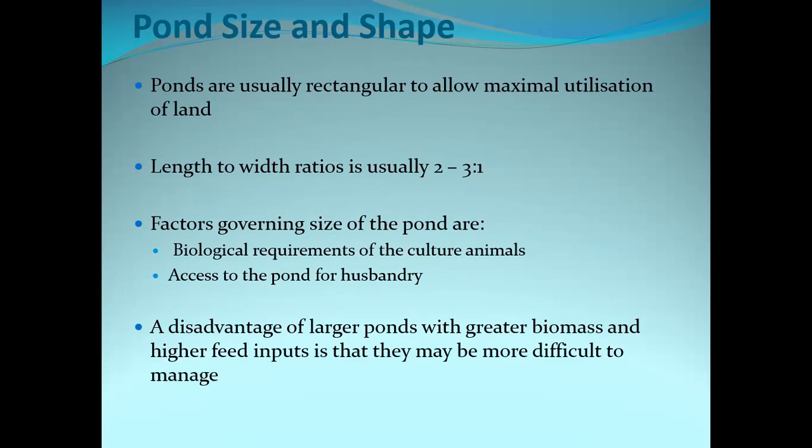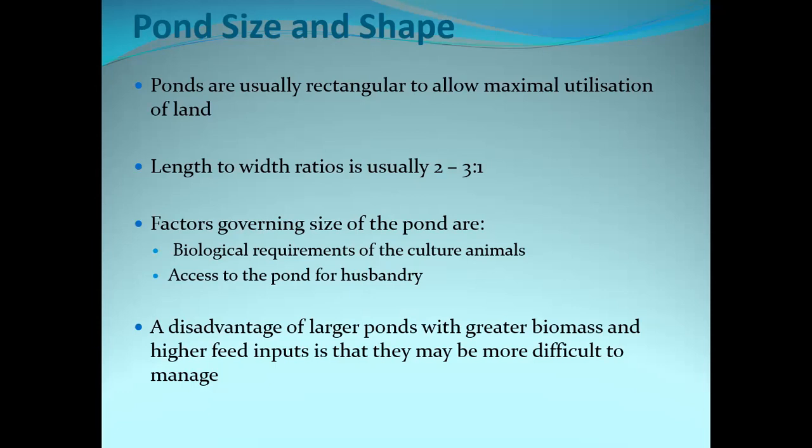Factors governing the size of ponds are the biological requirements of the culture animals, as well as access to the pond for husbandry. Basically, if you have an excessively large pond, say the width is very large and the length is very large as well, accessing that pond could become difficult, because when it comes time to harvest, it can become very problematic.